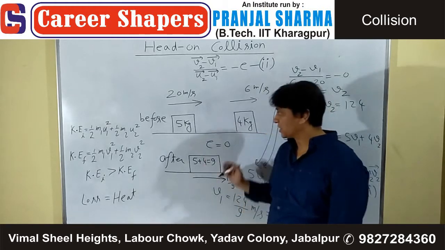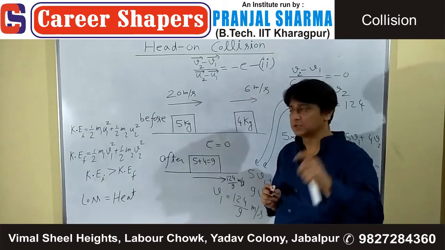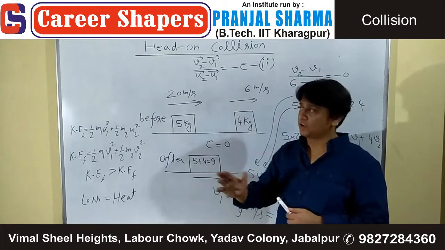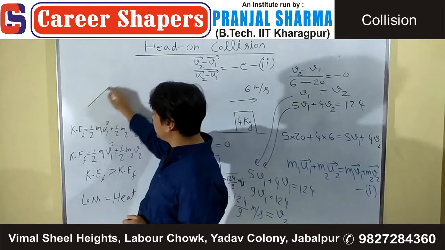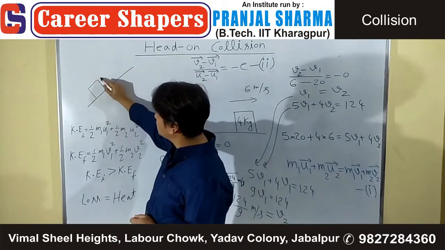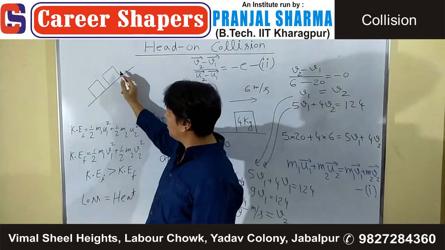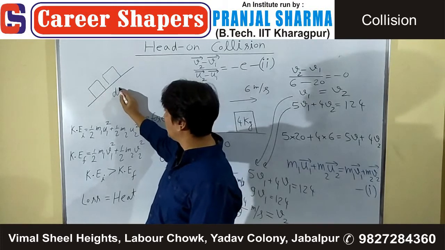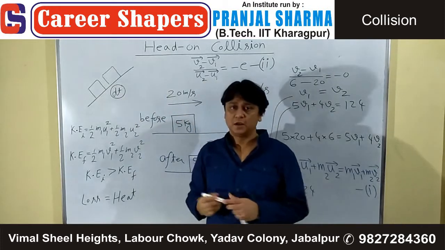Now, look at this. Whenever collision takes place, just during the collision, there is hardly any change in the height, even if collision takes place on an inclined surface. Say two objects collide on an inclined surface. You know that the collision takes place only for a time dt.